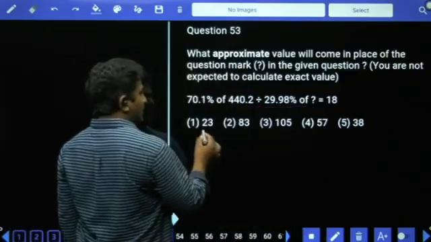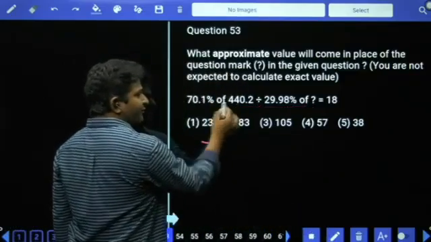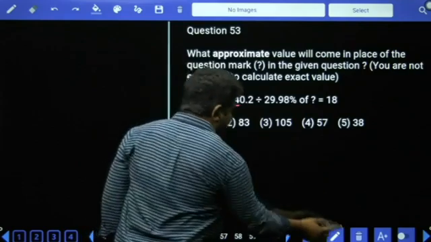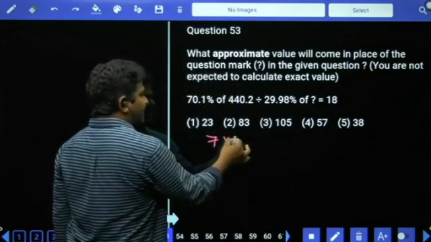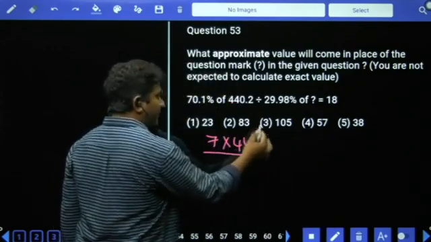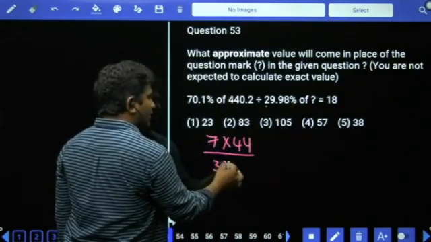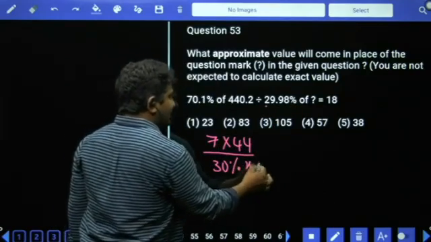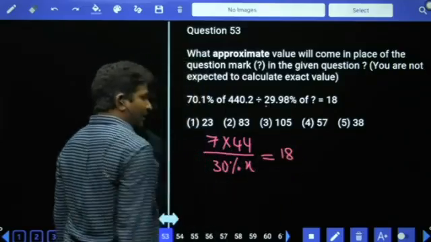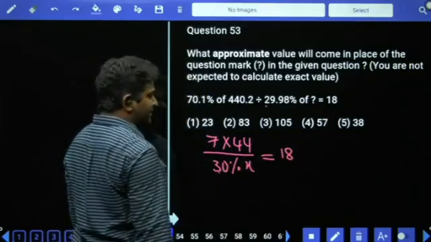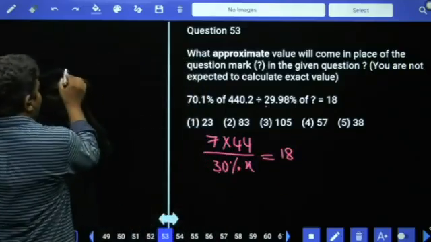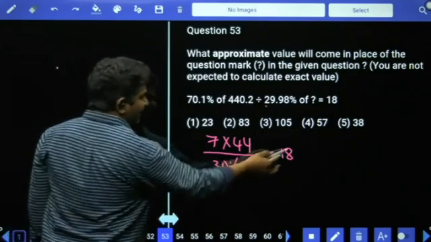Now 70 percentage of 440. 10 percentage is 44. 70 percentage is 7 into 44, divided by 30 percentage of x is equal to 18. Now 30% of x is equal to 18, then directly we can calculate the x value here.